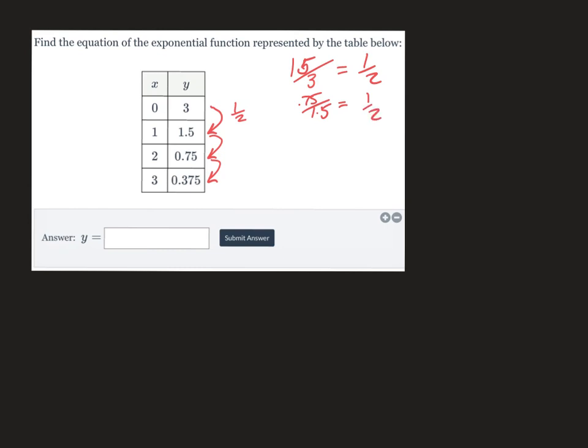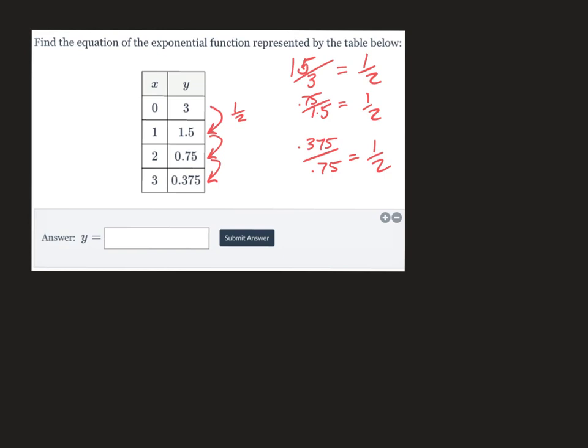Then we will divide .375 by 0.75. And then this is also 1/2. Don't be confused just because that number is going down. That has nothing to do with negative. When we have a negative, that's when we're jumping back and forth from negative sign to positive sign.